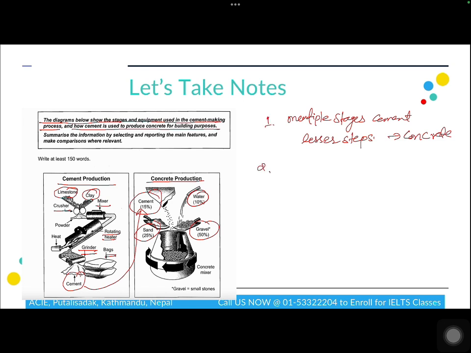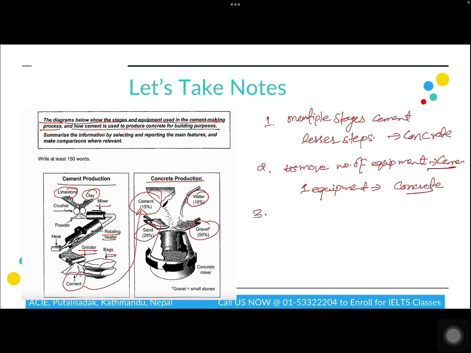Another point that you can see is that more equipment has been used for production of cement, whereas there is only one equipment for production of concrete, right? Now this is how you can look for a comparison between both the figures that have been shown in the question.